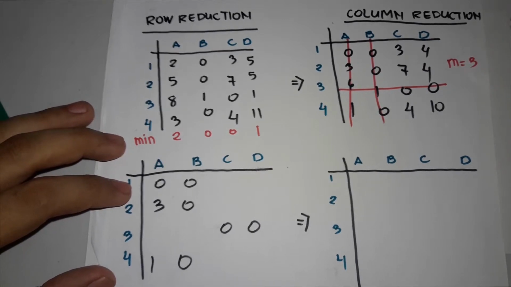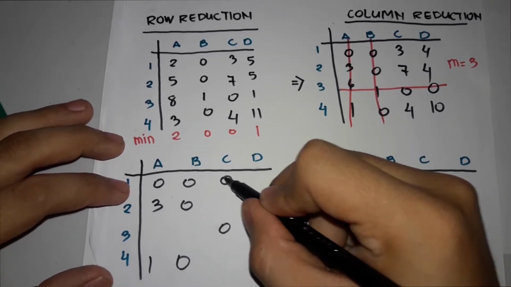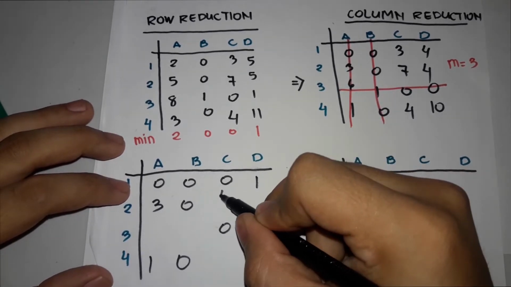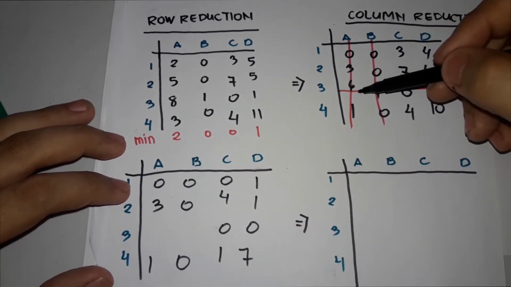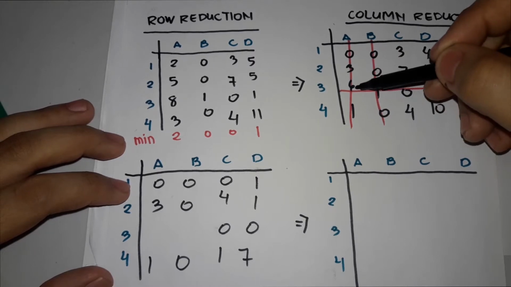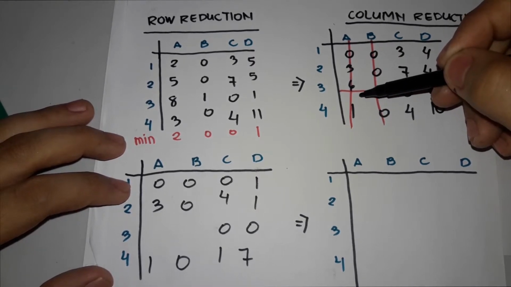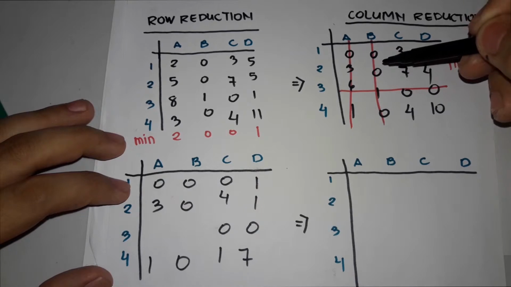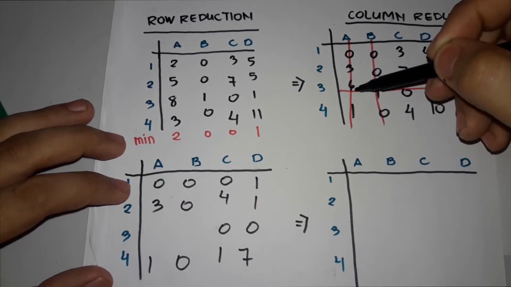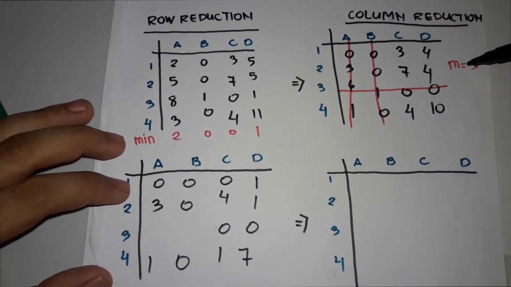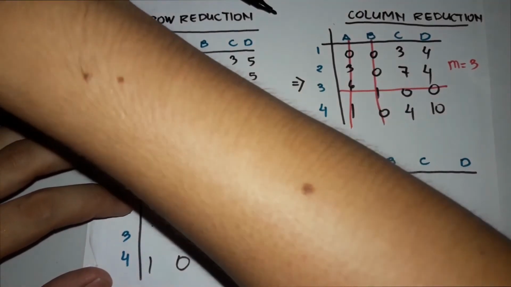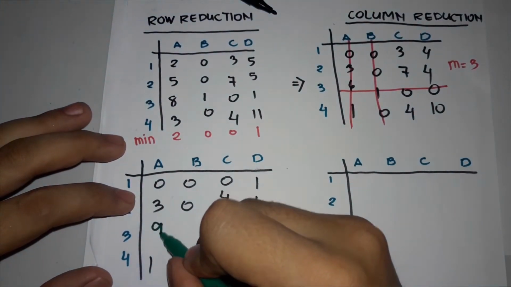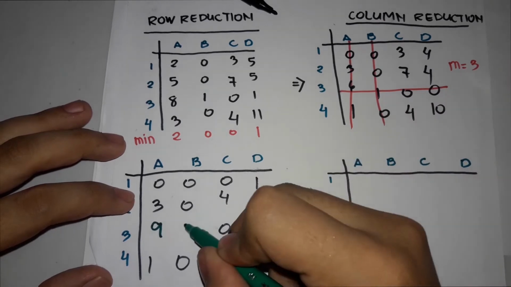So 3 minus 3 will equal 0, then 1, 4, 1, 1, and 7. Since 6 and 1 are under the intersection of the lines, 6 will be added with 3, which is the minimum of the uncovered numbers. So this will be equal to 9, and 3 plus 1 is 4.